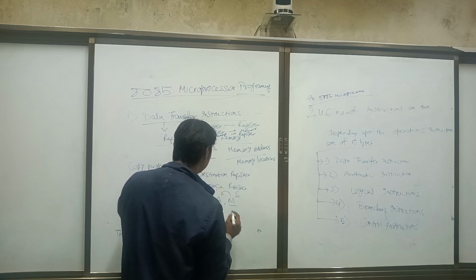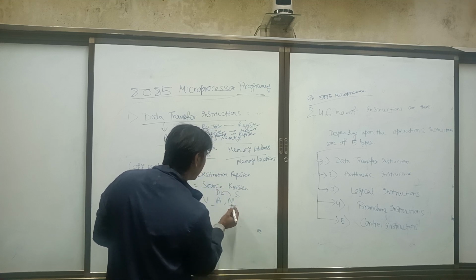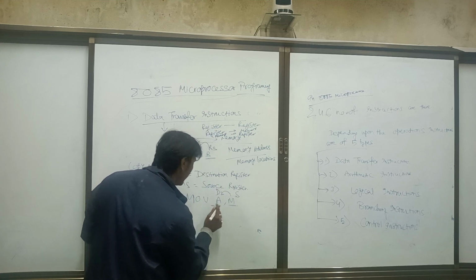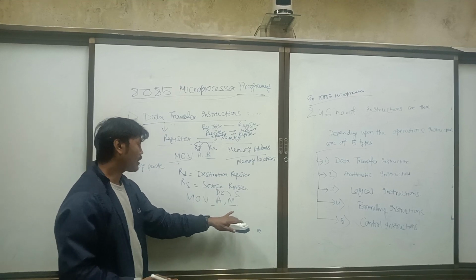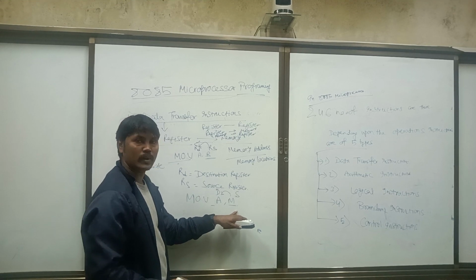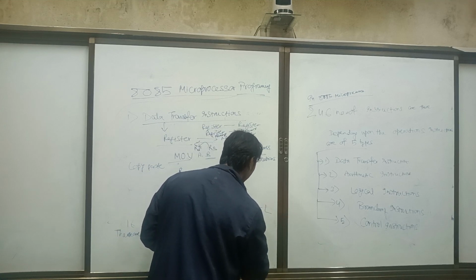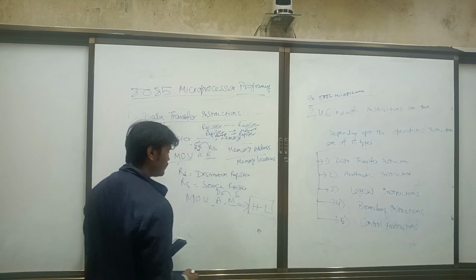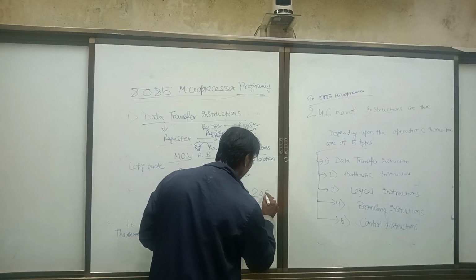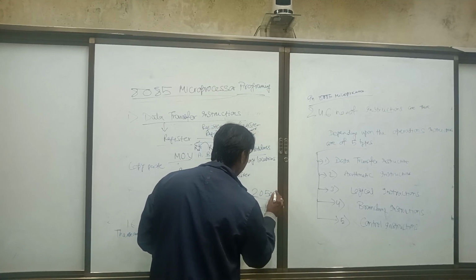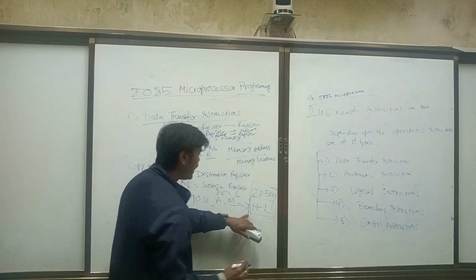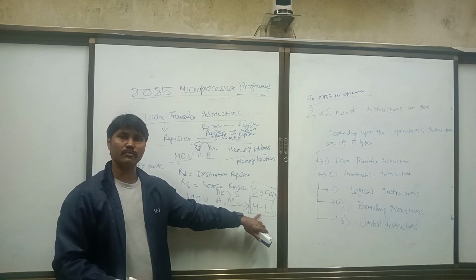So here memory: MOV A comma M means the content of the memory location, whatever memory location the register pair denotes. Suppose I have the memory location 2058 written into the register pair.